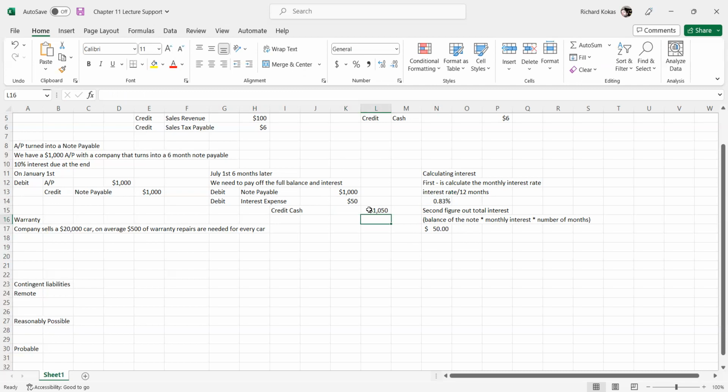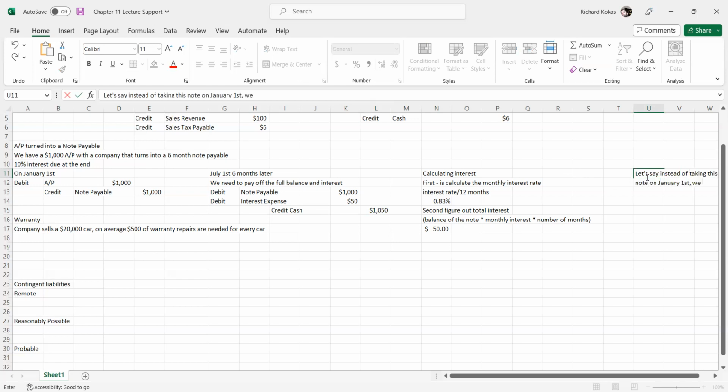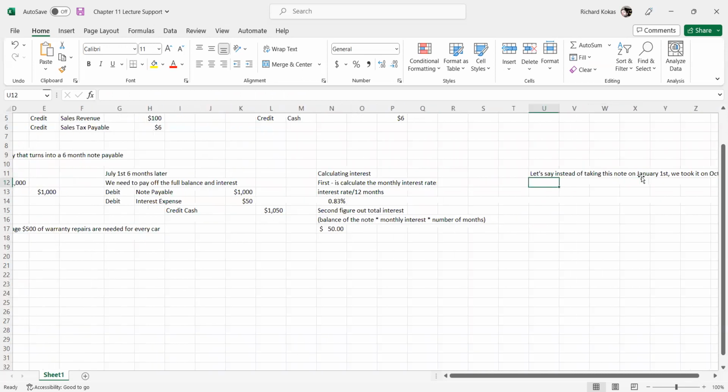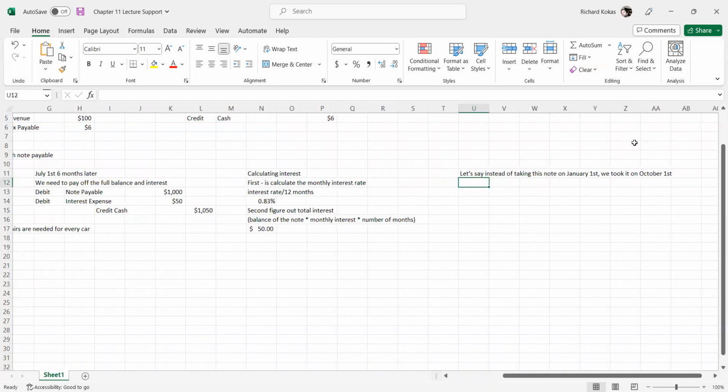Now here's what we're going to change. Let's say instead of taking this note on January 1st, we took it on October 1st. Now remember the big thing with GAAP, that accrual accounting we learned. Expenses have to be recognized in the period, which means the year, they are incurred.